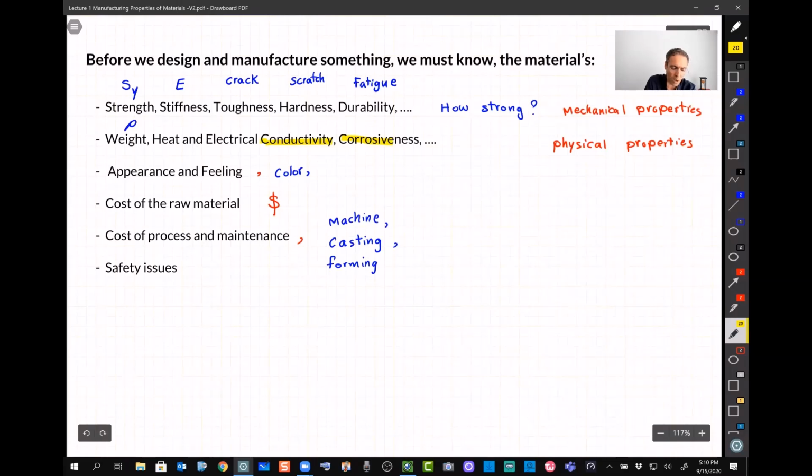Well, there are certain materials that some people are allergic to, which you also must pay attention to. All of these things, we call them the manufacturing properties.